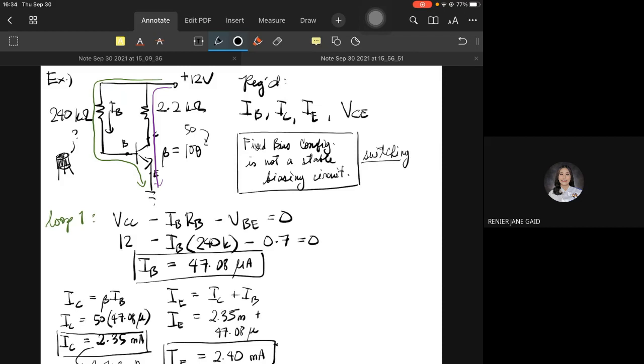So we'll have our midterm on Thursday, the same style as the prelim: multiple choice and problem solving. The coverage starts from wave shaping and rectifiers.